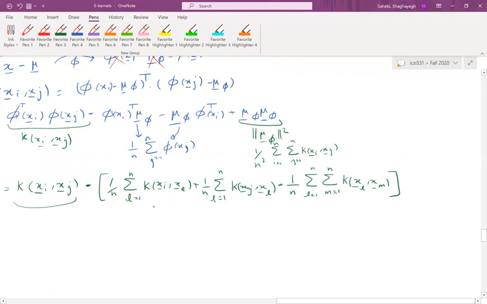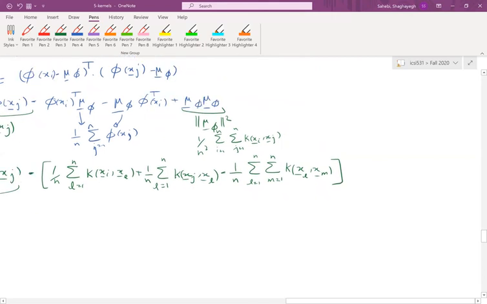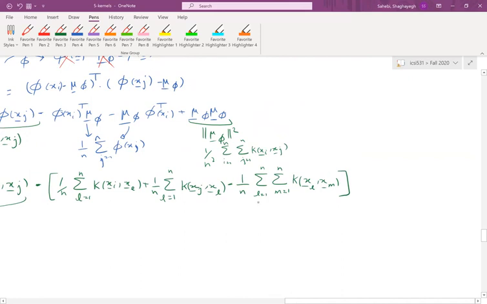So minus the average kernel between the original xi and all other data points, and the average kernel between the original xj and all other data points, and then the average kernel that exists between all the data points with each other. Oh, sorry, this is n squared, so this is the average.